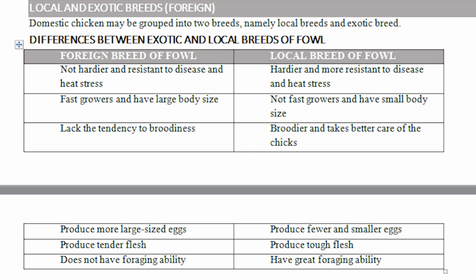Lack the tendency to broodiness; local, broodier and takes better care of their chicks. Produce more large-sized eggs; local, produce fewer and smaller eggs. Produce tender flesh; local, produce tough flesh. The foreign one does not have forage ability. The local one has great forage ability.